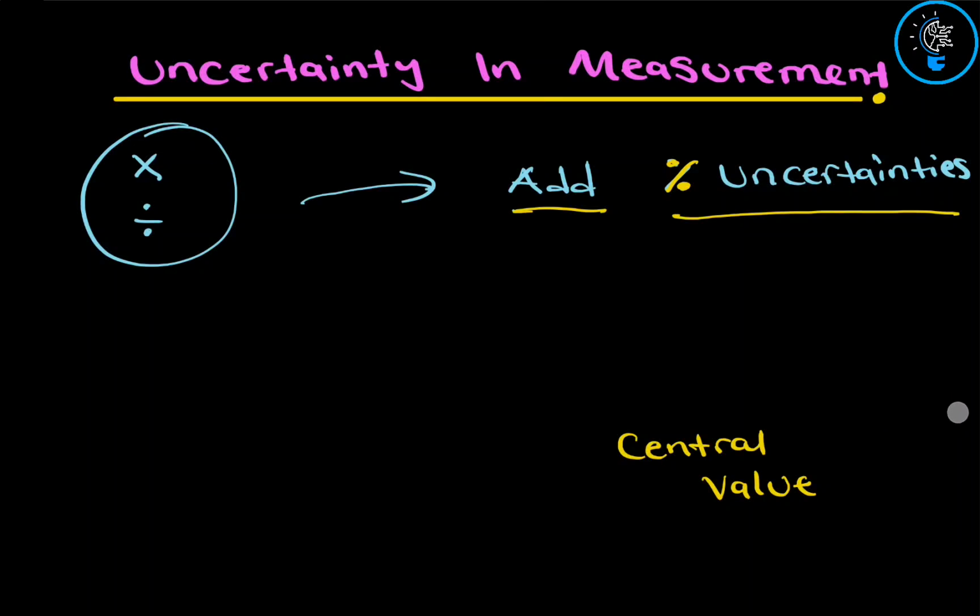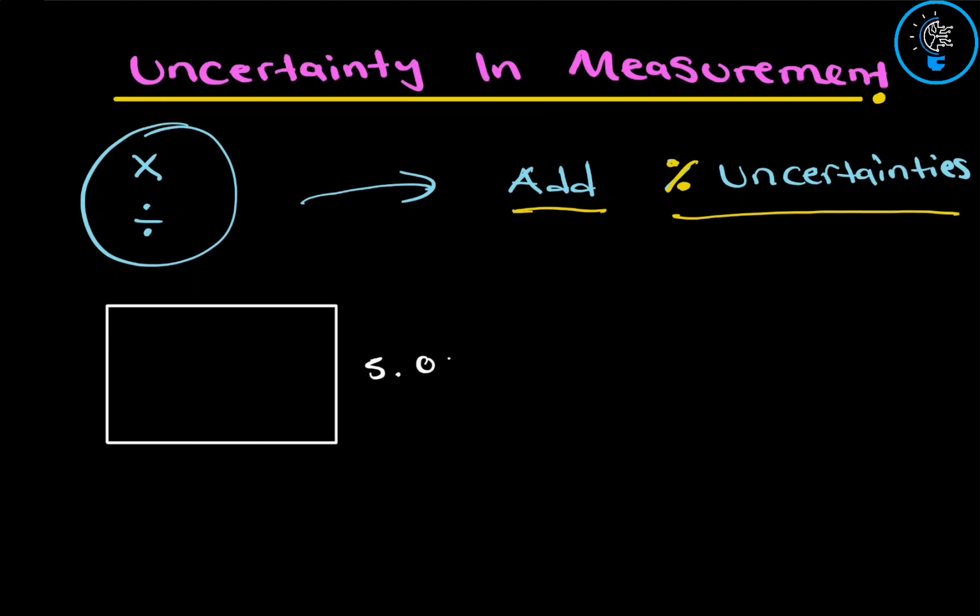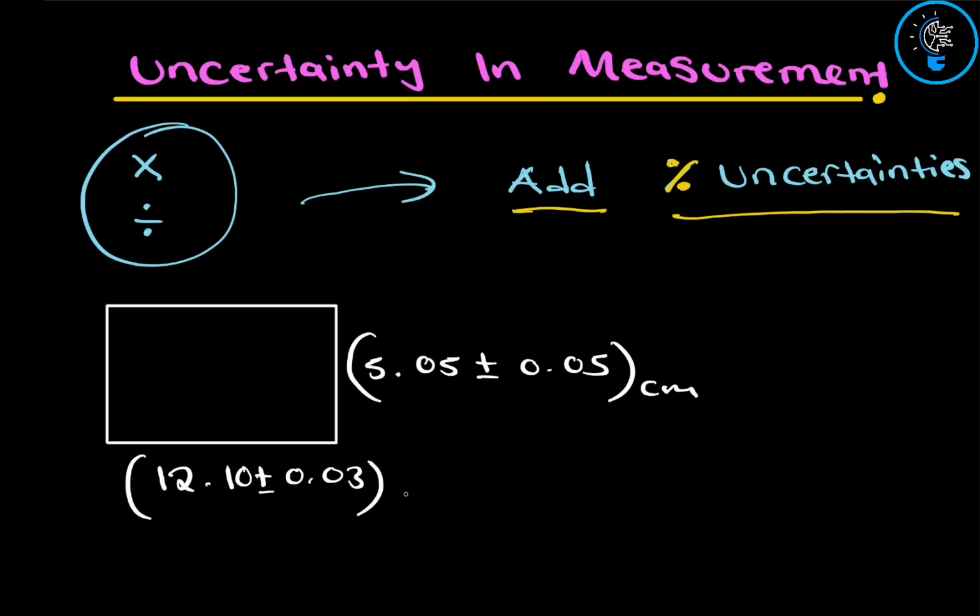So this time, let's say we are given a rectangle. Let's give this side 5.05 plus or minus 0.05 centimeters. And let's say this side is 12.10 plus or minus 0.03 centimeters.